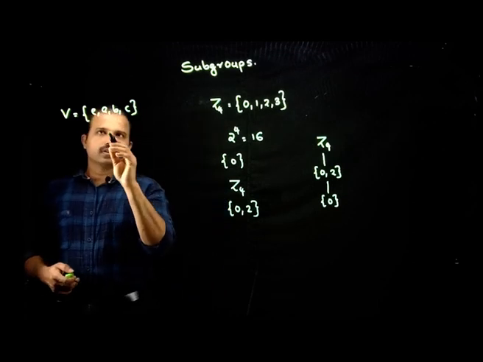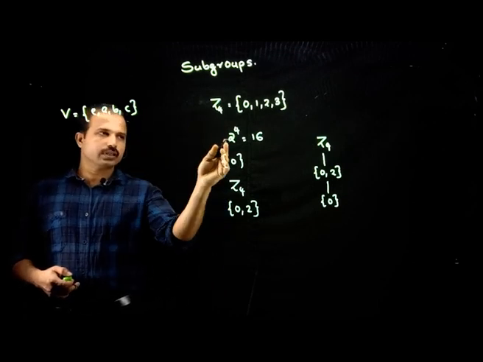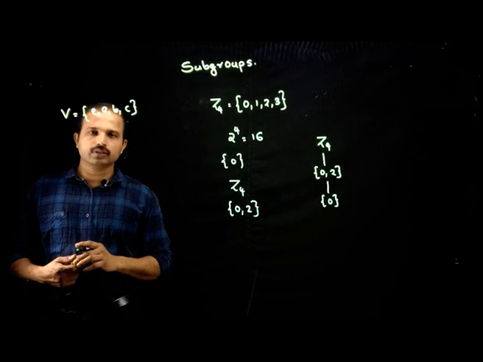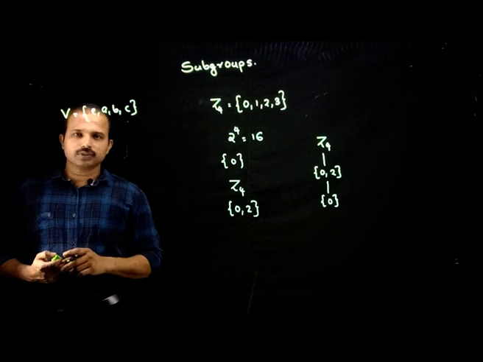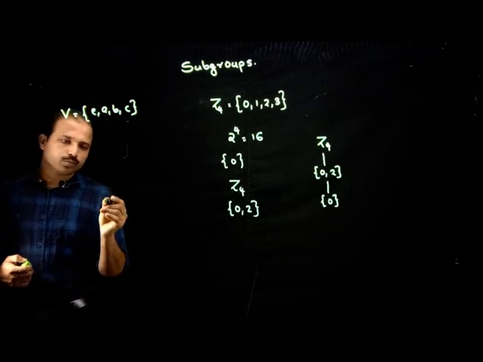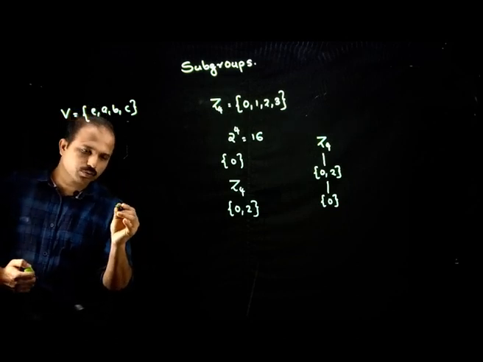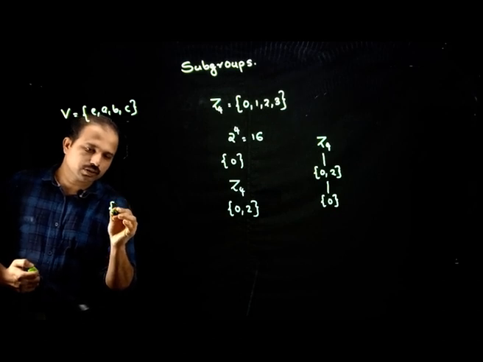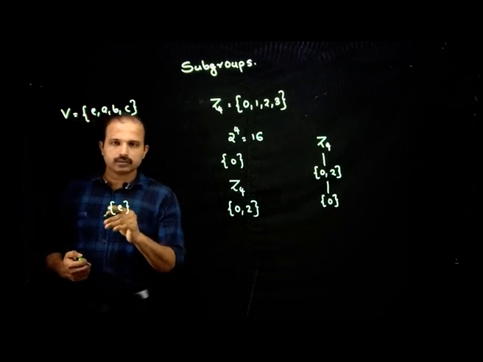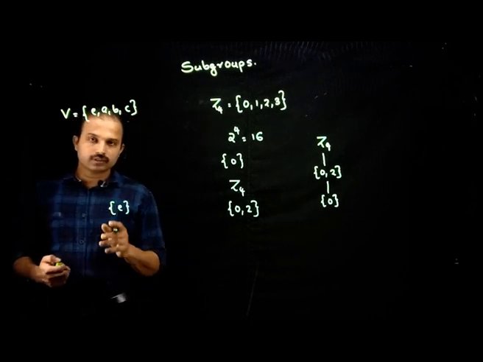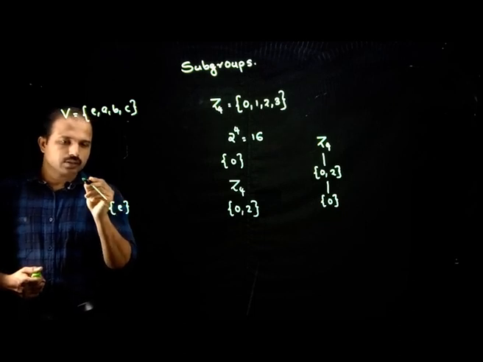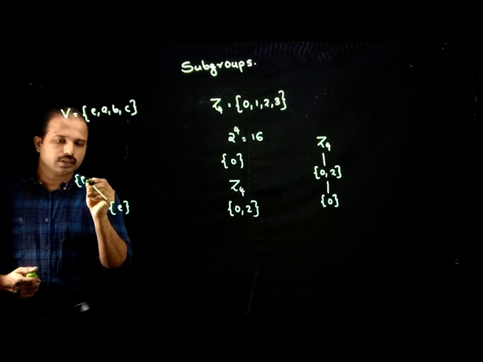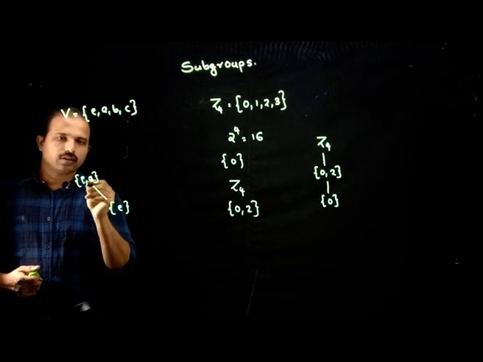Here also there are 4 elements, so 2 raised to 4, that is 16 subsets will be there. Among those 16 subsets, the subgroups are, I shall draw the subgroup diagram. The singleton set {e} will certainly be a subgroup, which is the trivial subgroup, and the others are the 2-element subset {e, a}, which will be a subgroup.